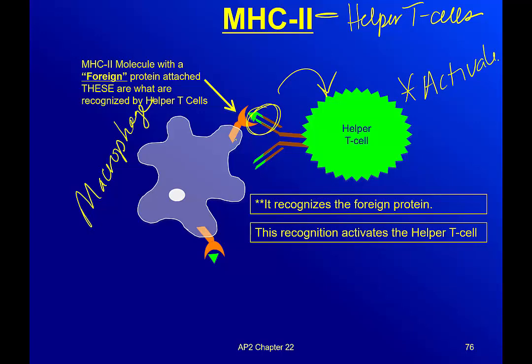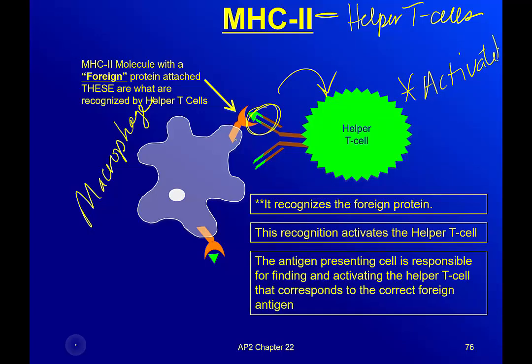Remember I told you I have to build my army, right? The antigen-presenting cell is responsible for finding and activating the helper T cell that corresponds to the correct foreign antigen. Notice, my variable region here matches that foreign antigen. It has to be the right helper T cell recognizing the right foreign antigen.